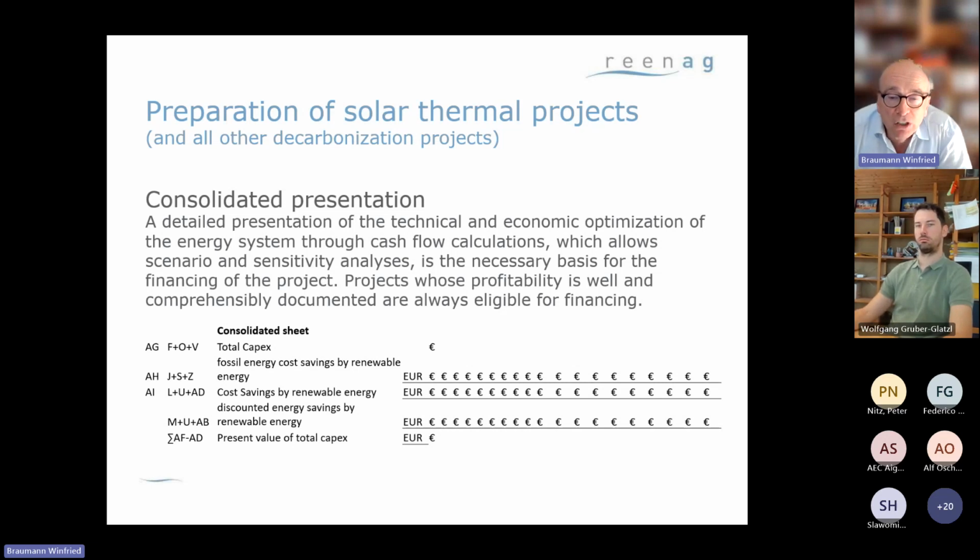And of course, the effects on the economic efficiency of the overall system can be easily consolidated. They just have to be added up. And if each of the units and the investments in the units are viable, then of course also the total project should be viable and therefore can be implemented.